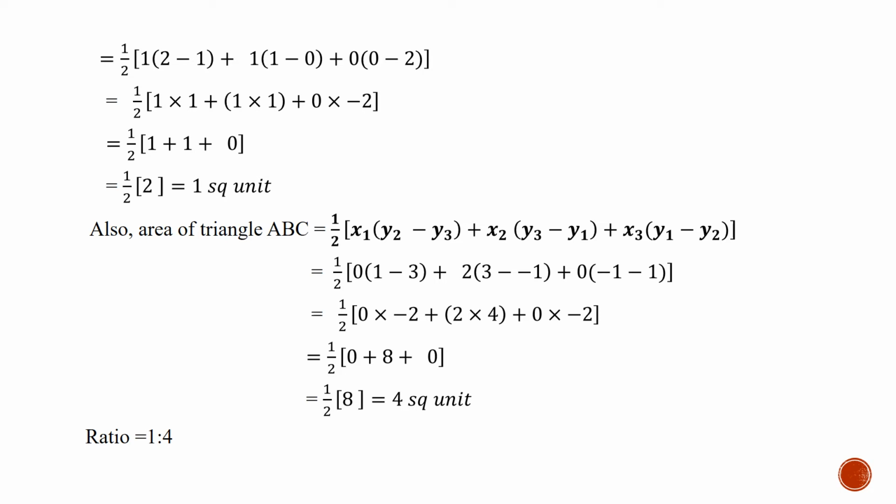Similarly, area of the triangle ABC with the help of formula, it will be half into 0 into 1 minus 3 plus 2 into 3 minus negative 1 plus 0 into negative 1 minus 1, which gives half into 0 plus 8 plus 0 equal to 4 square units. To find the ratio between the area of these two triangles, we can say it is 1:4.